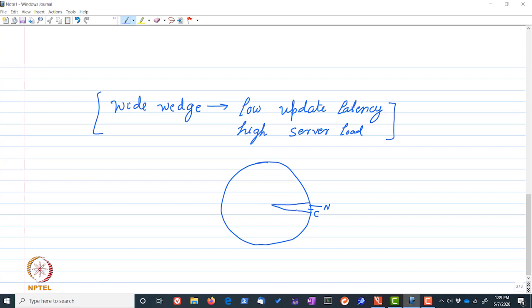This will be essentially when the channel is being added. After that, of course, the servers will be polled and the node will get an idea of whether it should increase or decrease its polling level in the aggregation and optimization phases. So let's say it decides to increase its polling level. If it decides to increase its polling level, this is the size of the new wedge. So this means that if the original owner was node O, then it will point to N1, N2 and N3, which are there in its wedge.